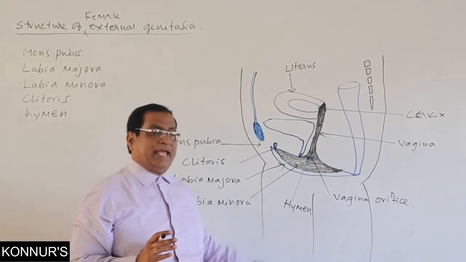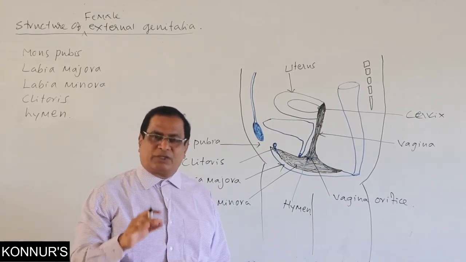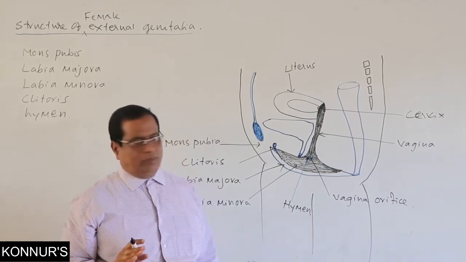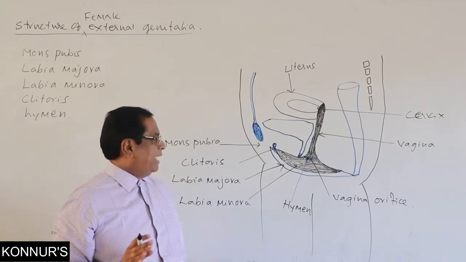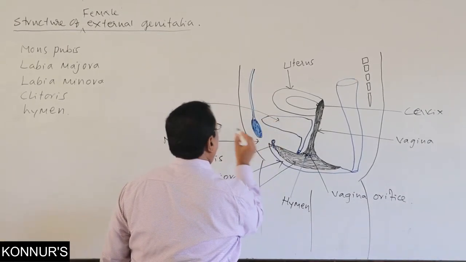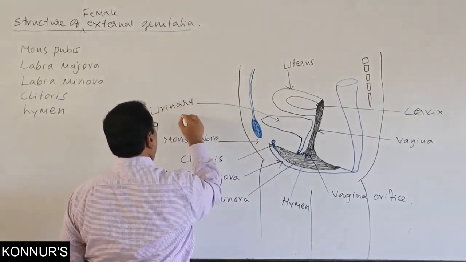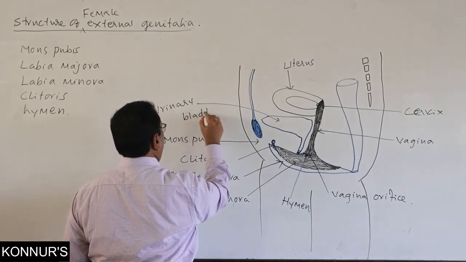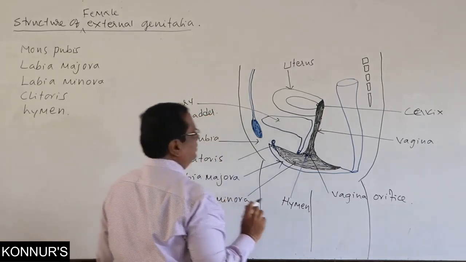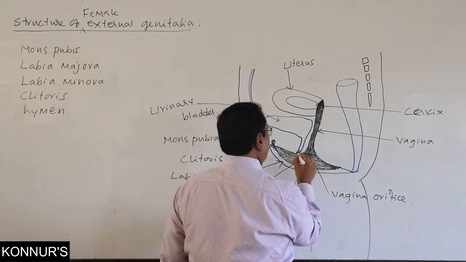And even this hymen may remain persistently after sexual intercourse also. And here we do notice the urinary bladder, and this urinary bladder is having an opening.